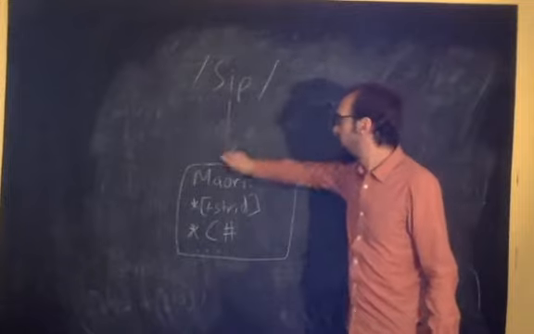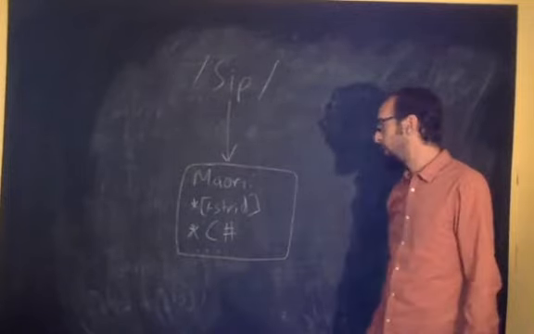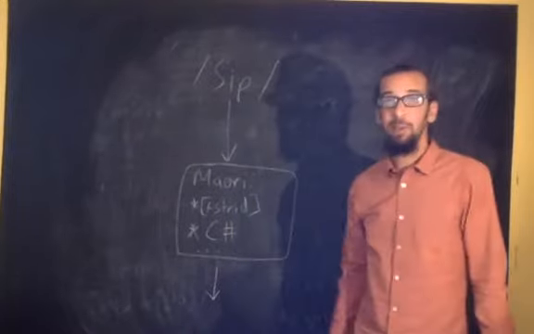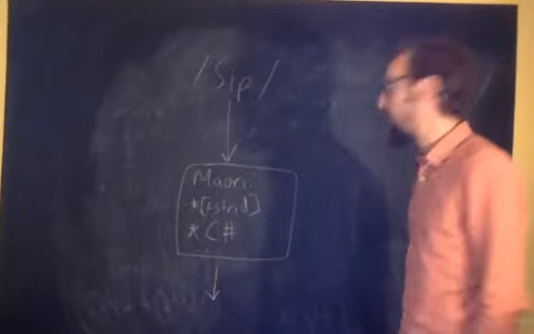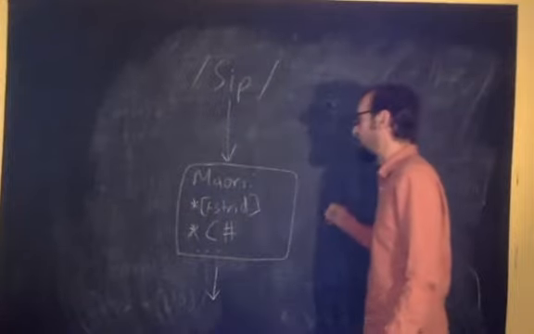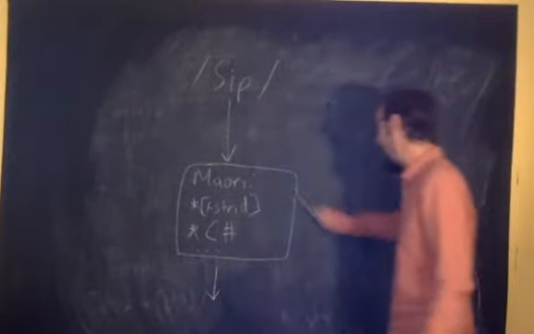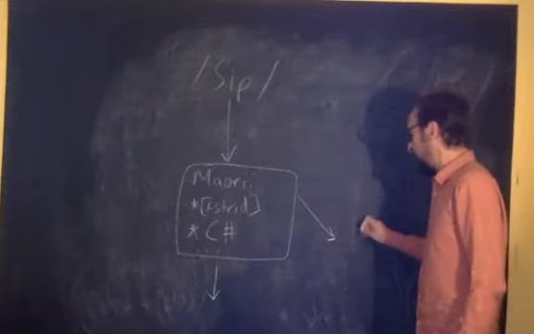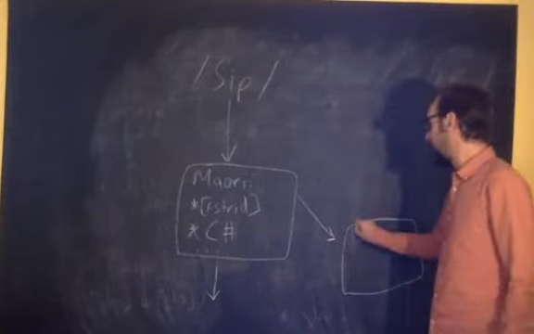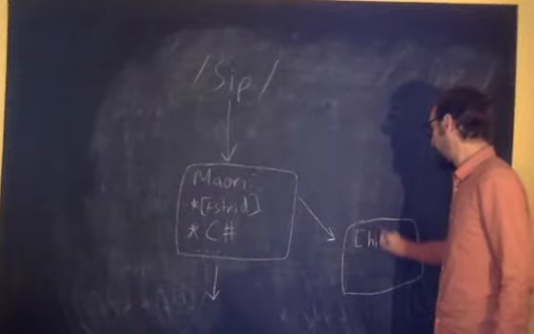This input is going to get fed through here, and it's going to come out as some output that conforms to Maori phonotactic rules. I think I'm running out of space on the board here, so let me actually put this over to the side, where the output in this particular case is going to be hipi.